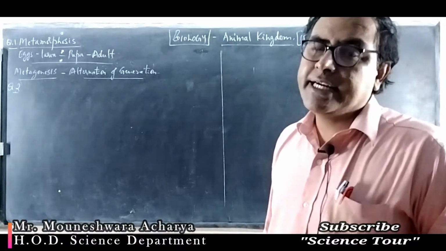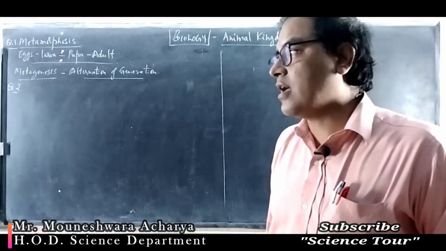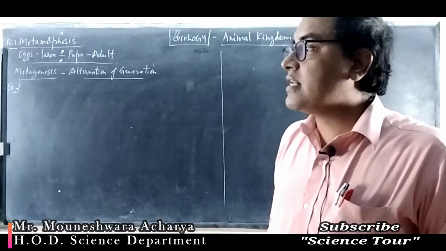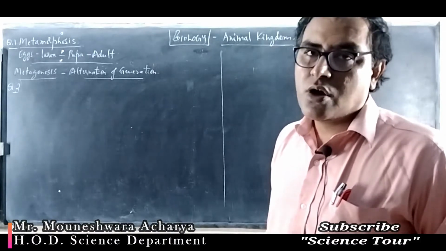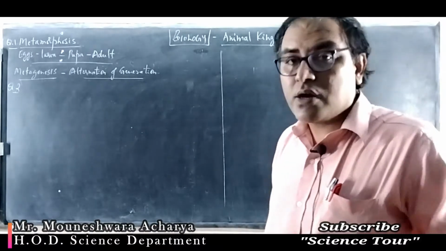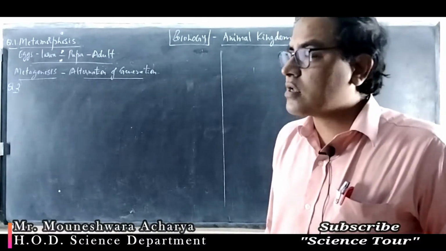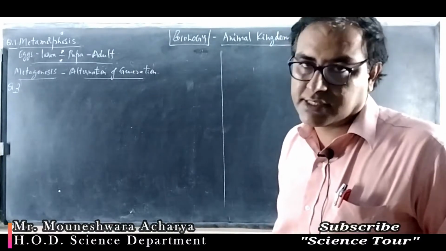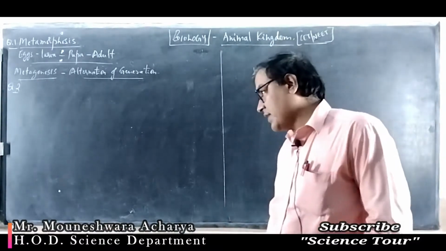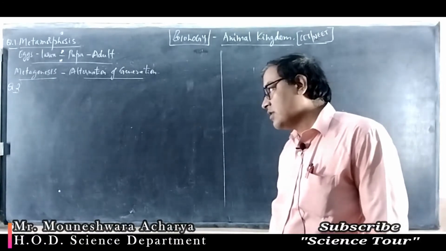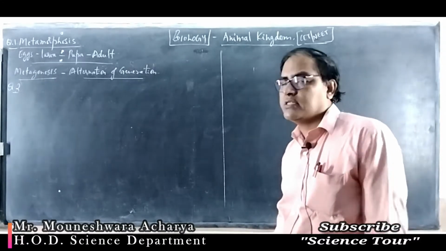in case of cnidarians. So these undifferentiated cells which help to replace the damaged cells, or the torn out cells or the old cells, those are called as interstitial cells, which have the ability to replace any kind of cells in the body.